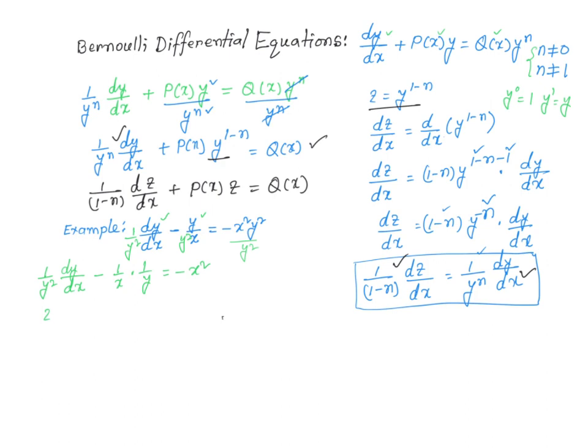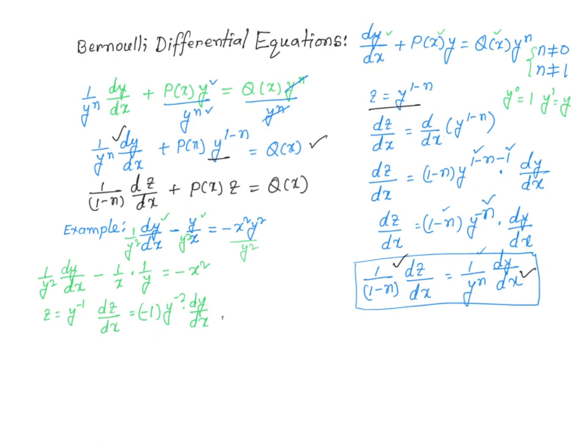Let's say z is equal to 1 over y, or y to the power negative 1. That's going to give me dz/dx equal to negative 1 times y to the power negative 2, because negative 1 minus 1 is negative 2, times dy/dx using the chain rule.